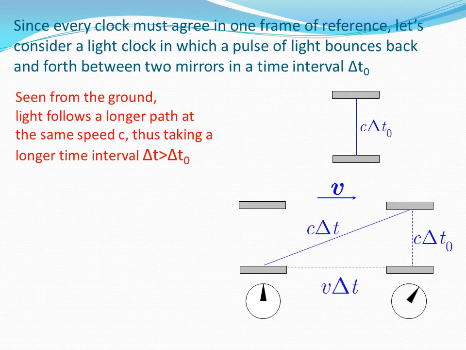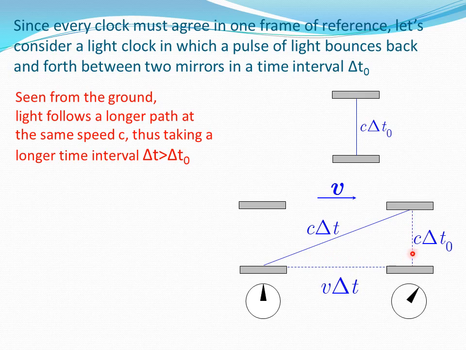Now, let us consider this right triangle, where the first cathetus is this one, whose length is the time it takes for the light to go from the first mirror to the second mirror, multiplied by the speed at which the apparatus is moving toward the right.